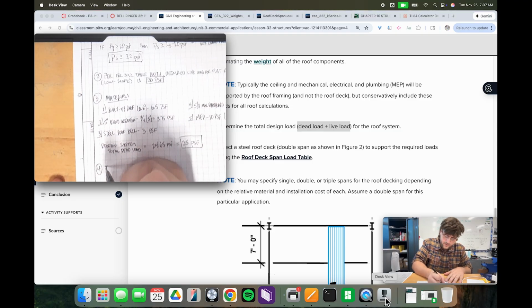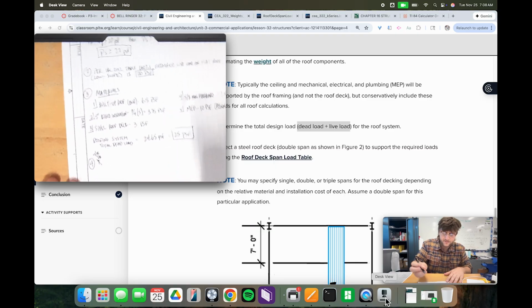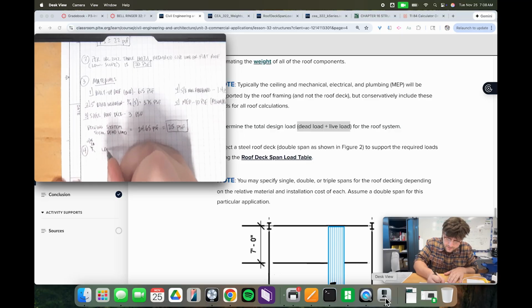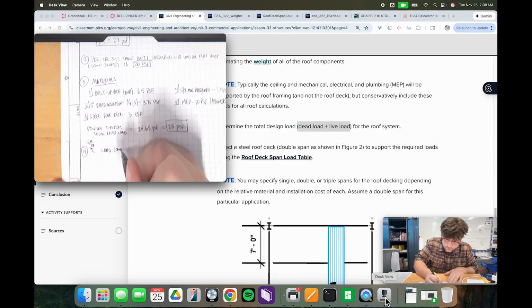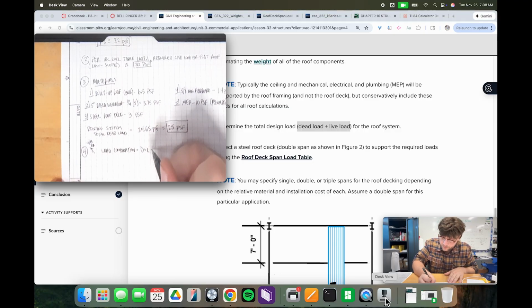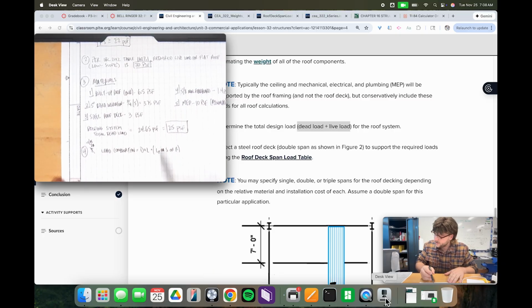I'm crossing that out, so I'm going to put my initials and also the date. So the load combination that we're actually going to be using here is the dead load plus the live load, plus LR or the snow load or R, which is the rain load.